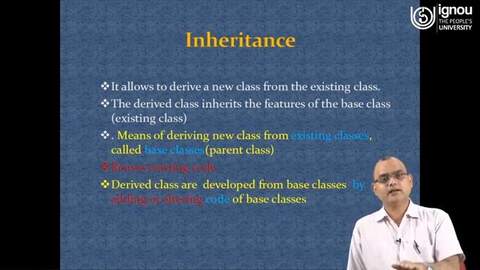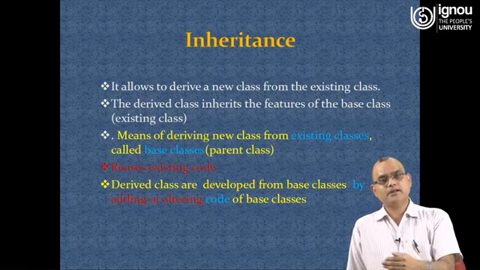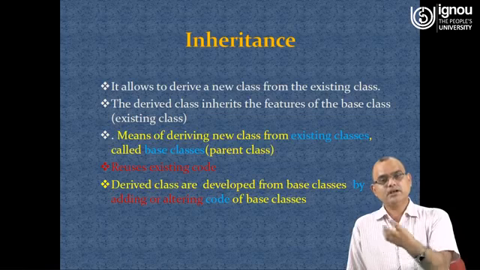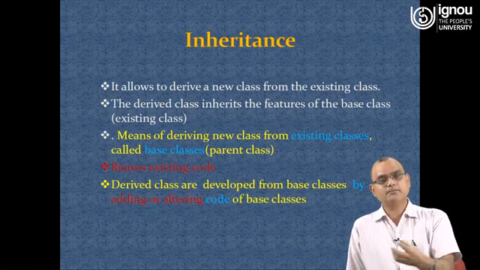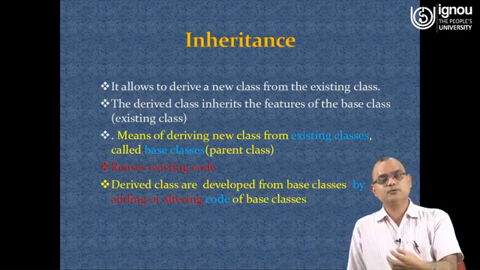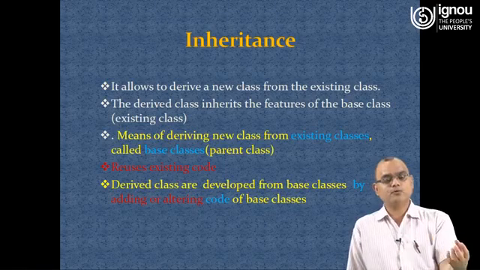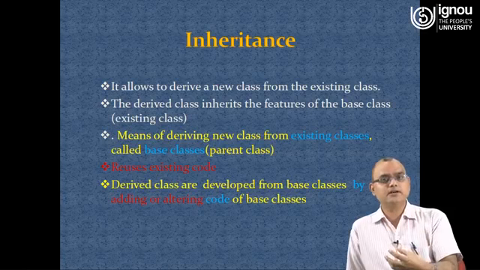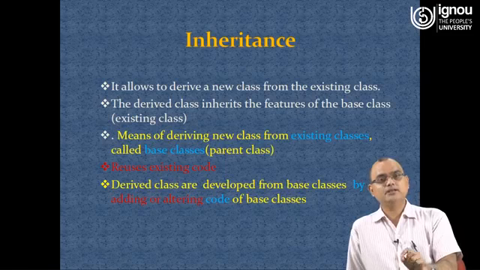If we have a program and in that program we have certain code, and our requirement is that by using the current code we have to add something more in the system, then we can use the existing code and add some more functionality to it, or we can modify the existing functionality. Then this particular mechanism or philosophy is known as inheritance.